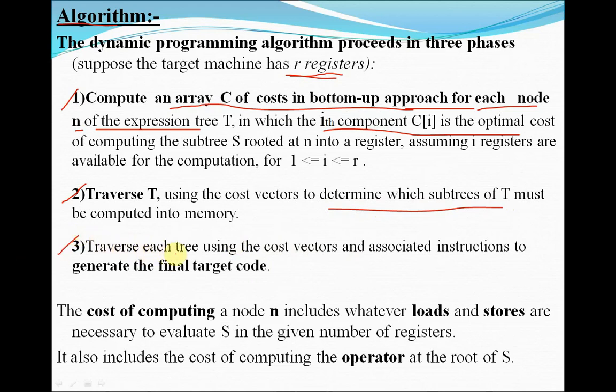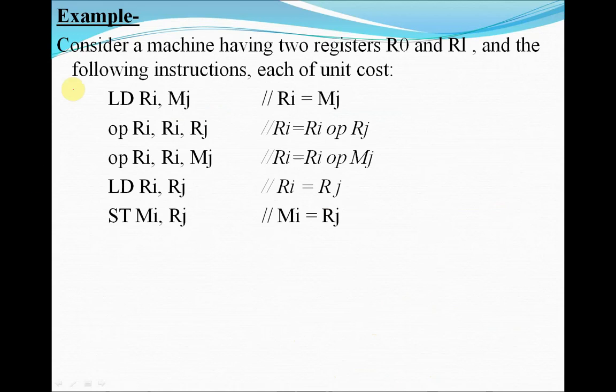Finally, traverse each tree using the cost vectors and generate associated instructions to produce the target code. It is a 3 step algorithm. Here the cost of computing a node n may include instructions like load, store, and operators like add, subtract, multiply also.